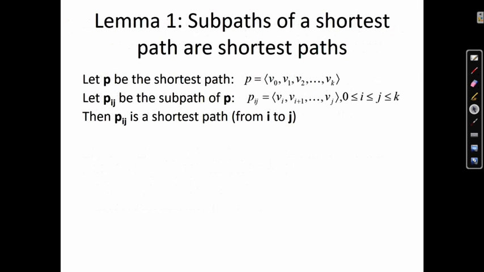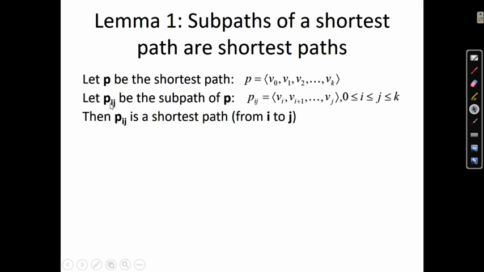The first lemma is this: subpaths of a shortest path are themselves shortest paths. Let P be a shortest path. So P contains a sequence of vertices, V0, V1, V2 until Vk.